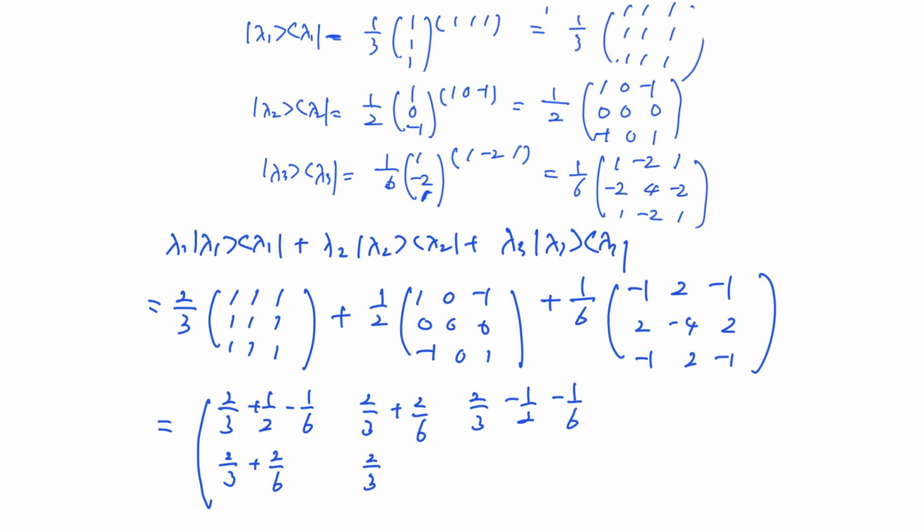Two over 3 minus 4 over 6. Two over 3 plus 1 over 6, right?